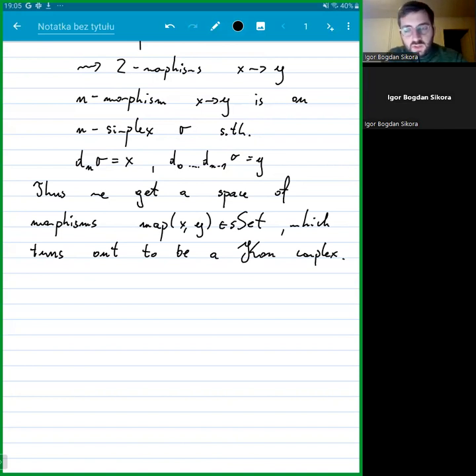So what we did in the previous talk was also defining a homotopy category. What is the homotopy category of an infinity category?